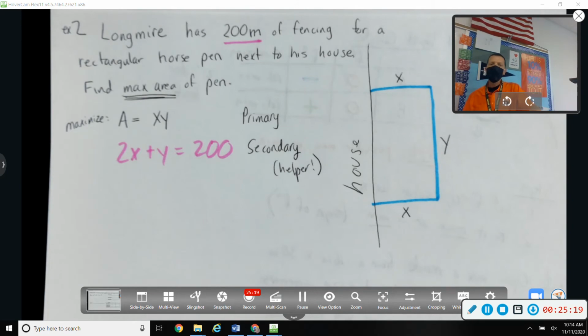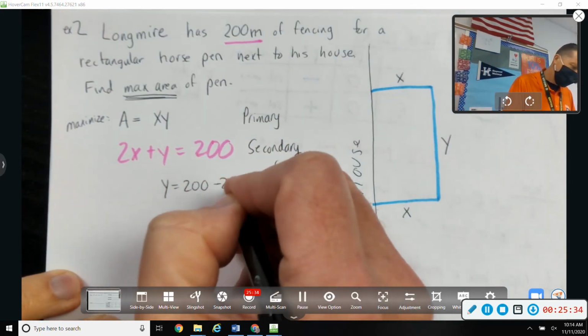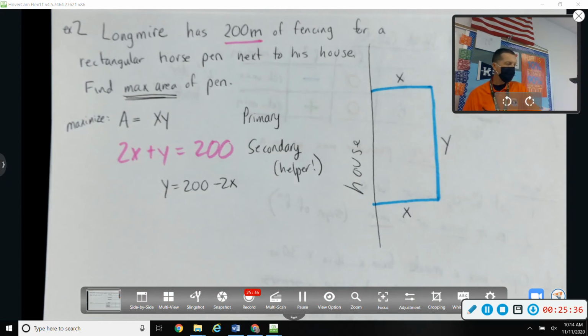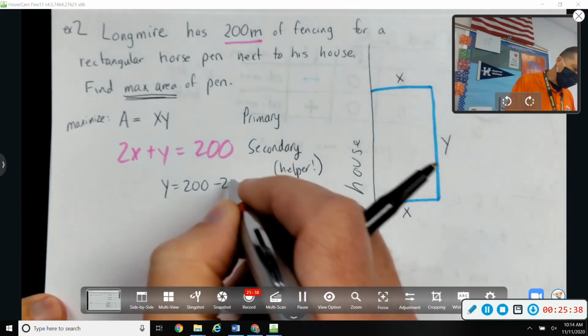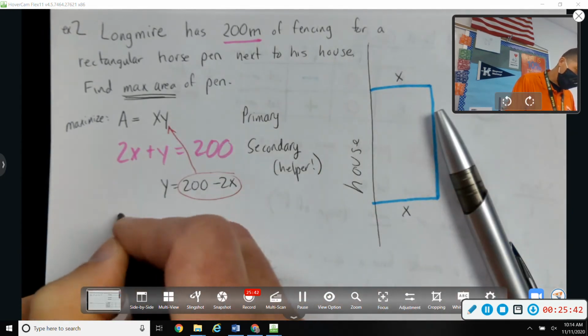You got a preference of what we should solve for? I think there's an easy choice. Yeah, y would be easier than x, though either one wouldn't be that hard. But let's solve for y. y equals 200 minus 2x. And then we can substitute that into the primary equation.